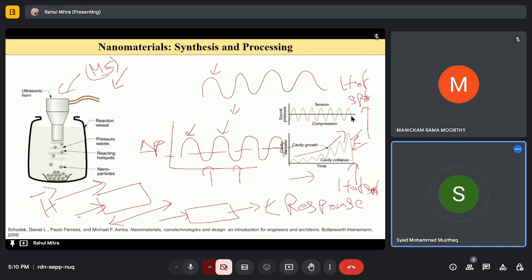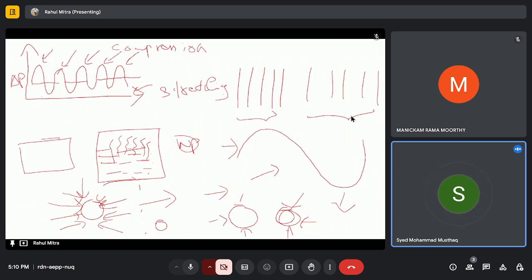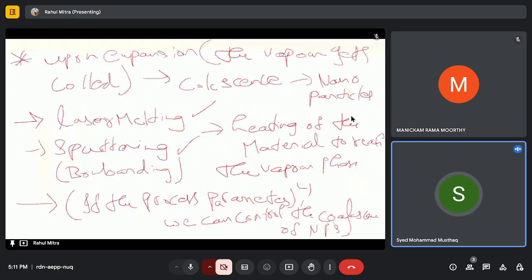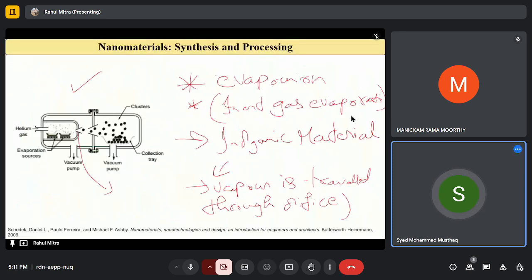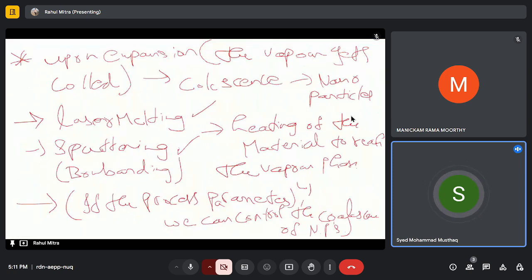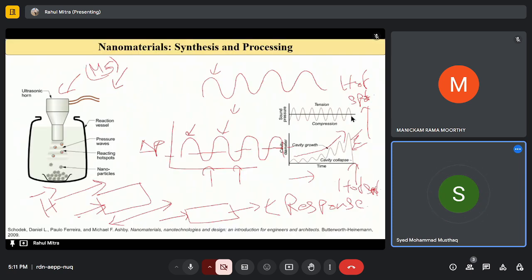Now, what is the size that we can create from this sonochemical process? We can create nanoparticles up to 2 nanometers in size, and a large volume can be made when compared to the previous process, where we had inert gas condensation and inert gas expansion, with the same amount of material.